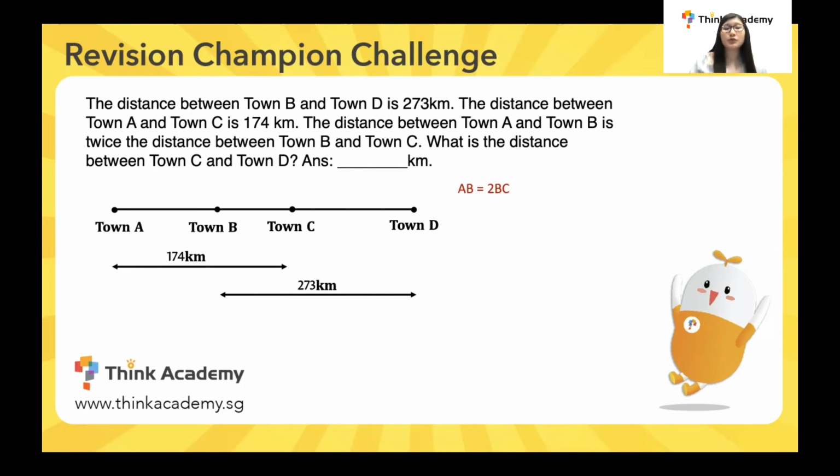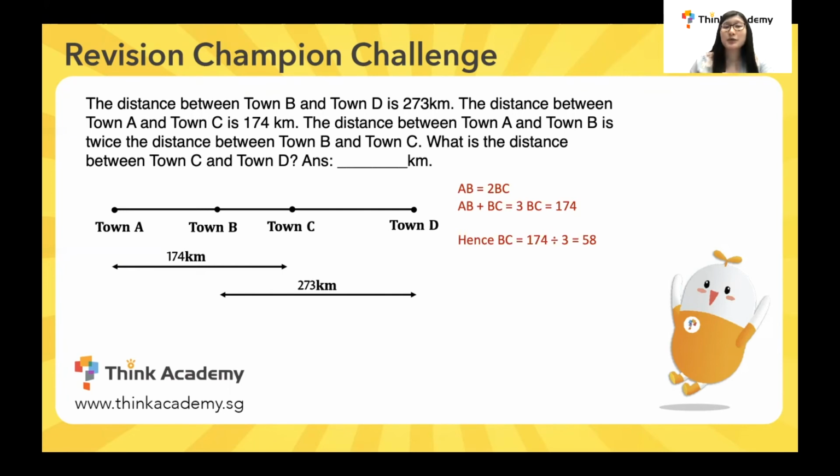And we also know that AB plus BC, or the distance between town A and town B and the distance between town B and town C added together is 174. In other words, 3BC is 174. So what's the distance between town B and town C? Well, it's just 174 divided by 3, which is 58 kilometers.